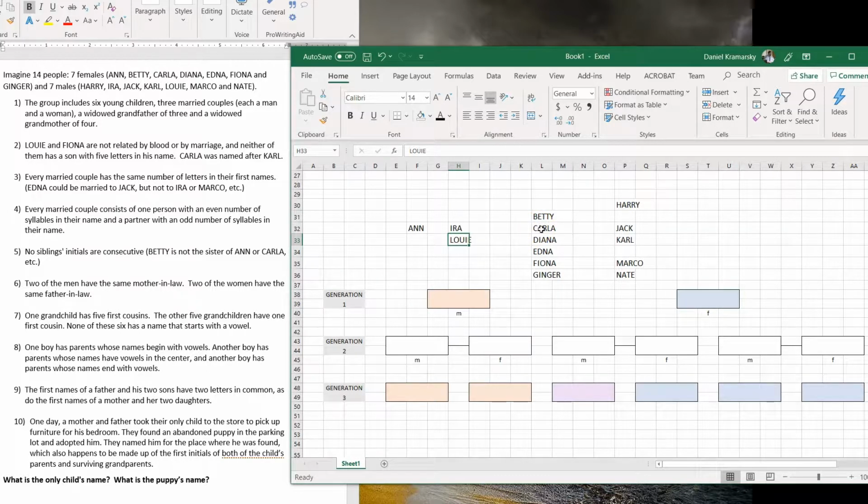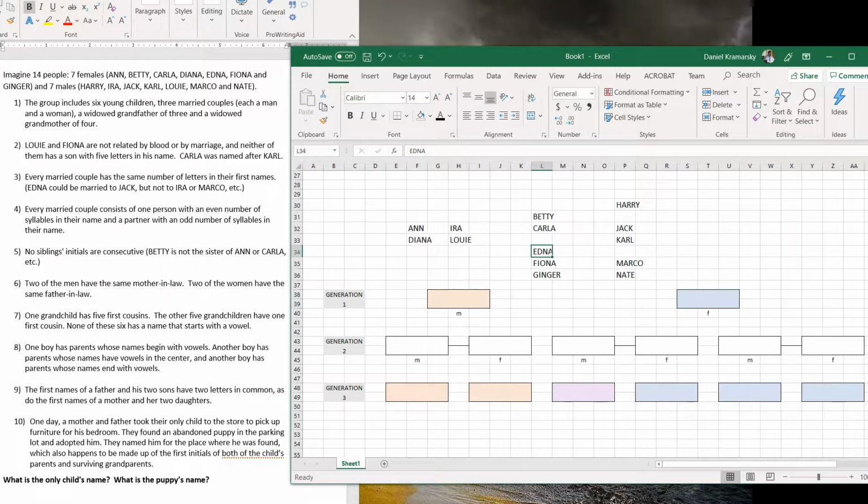Well, there are 2 women, Diana and Fiona, who have vowels in the center of their names. And they both have the same number of letters as Louis, and Louis has 2 syllables, and they both have 3 syllables, so either one of them would work. But Louis and Fiona are not related by blood or by marriage. So Louis can't be married to Fiona, which means Louis must be married to Diana.